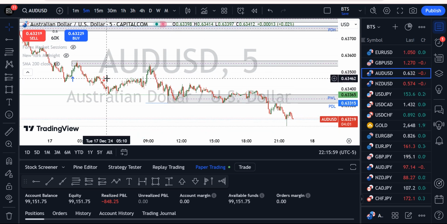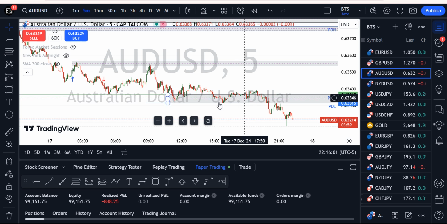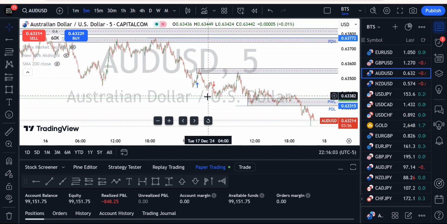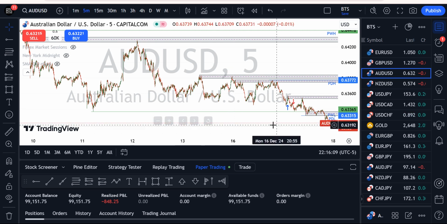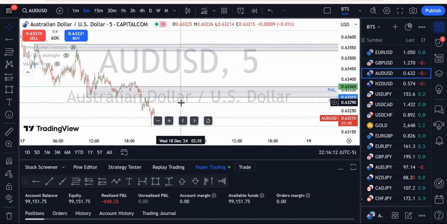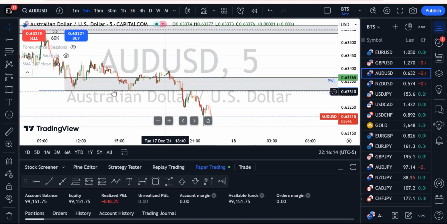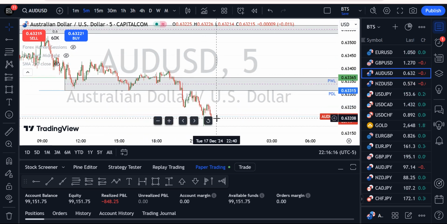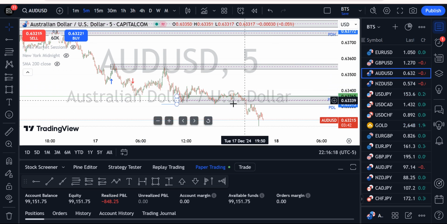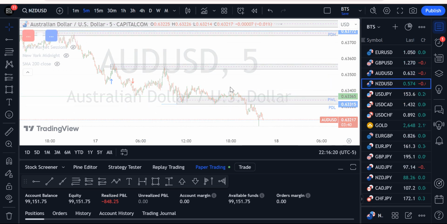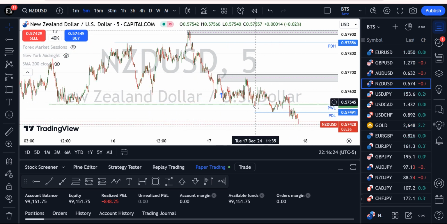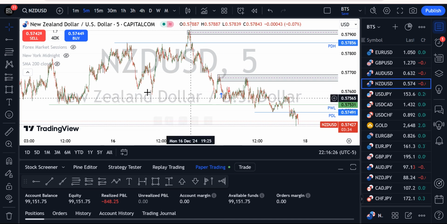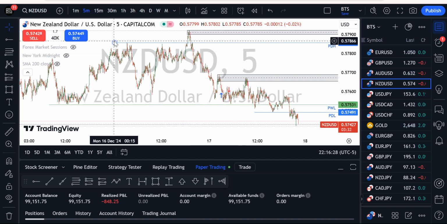As price traded lower into this region, then we have this support zone, which, as you can see around here, is previous week's low. We've tapped into previous week's low, and as you can see, we are currently trading lower. So nothing on AUD USD, same thing, nothing on NZD USD. So I'm not looking out to pick any trades from these pairs.